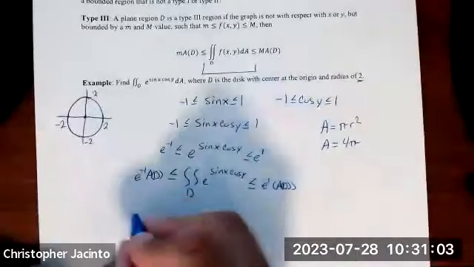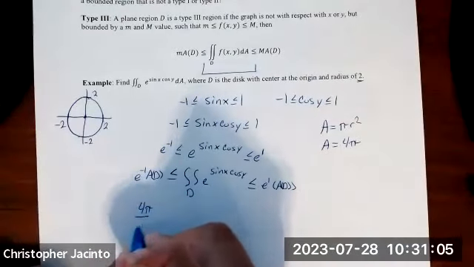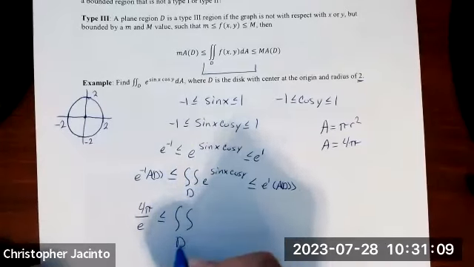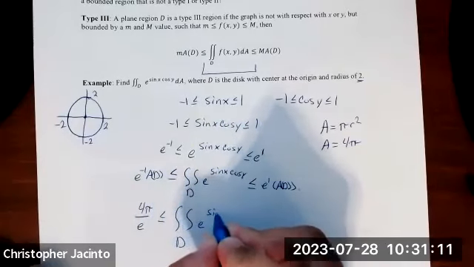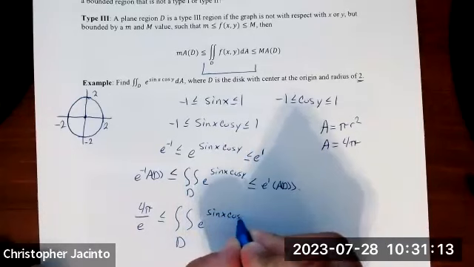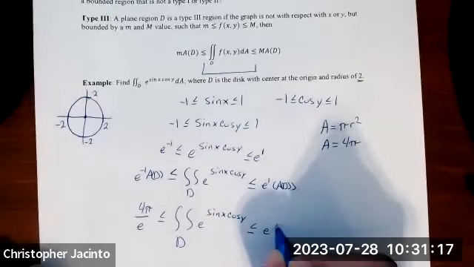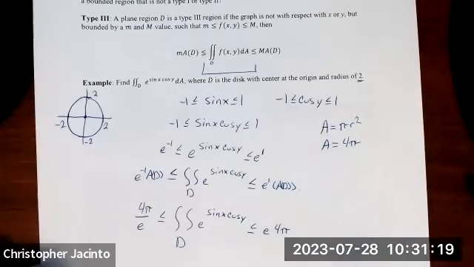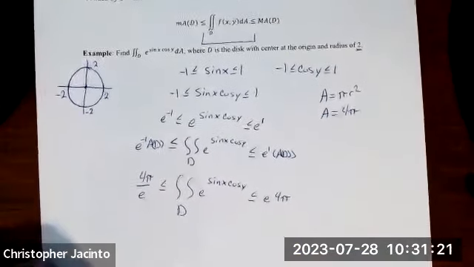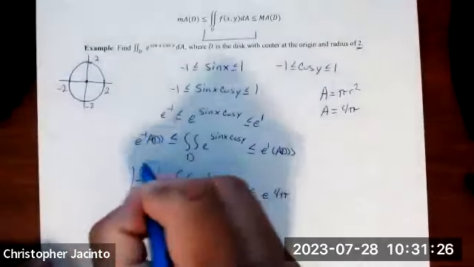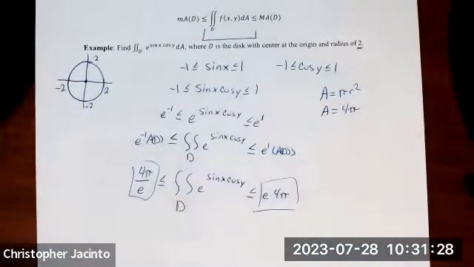So this is just going to be 4 pi over e, just bring it down, and then e times 4 pi. So our integral is bounded between these two numbers. We don't know exactly what it is, but it's bounded between those two numbers, and that's all we can really say.